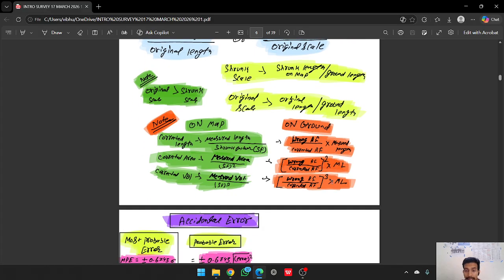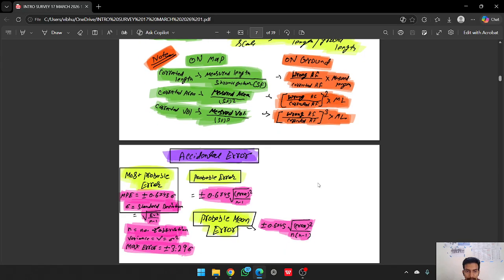If we have area, then we have to square. If there is volume, then we have to cube. That's all.